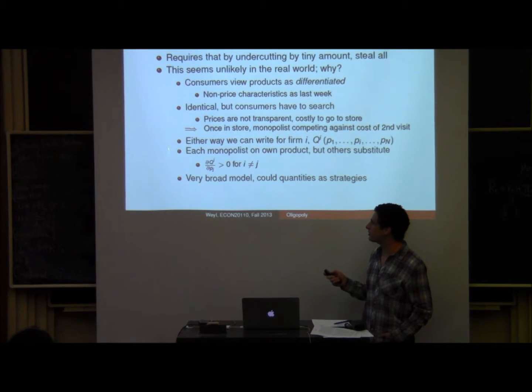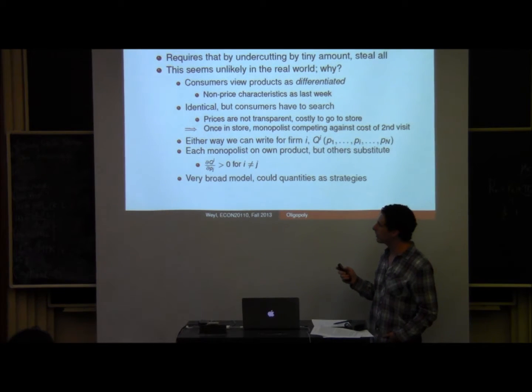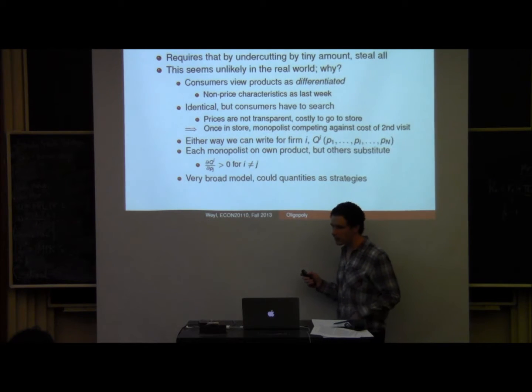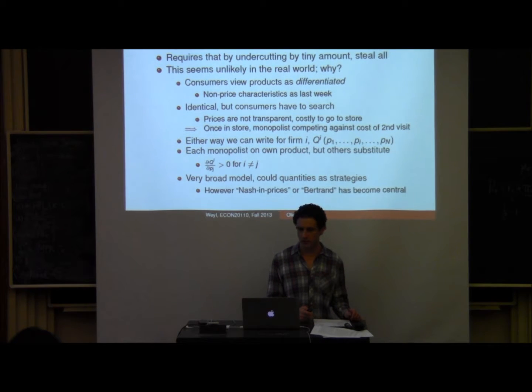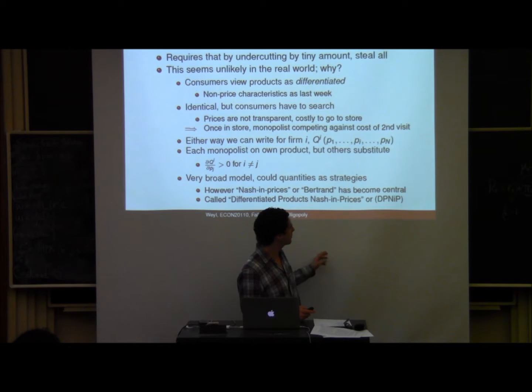And that's the definition of being substitutes. Okay. Now, this is a very broad model, and you could either choose the prices to be the strategies, as we were just doing, or the quantities to be the strategies. But the most common way people do this is they do what's called Nash in prices, or Bertrand differentiated products. So this model is often called differentiated products, Nash in prices.